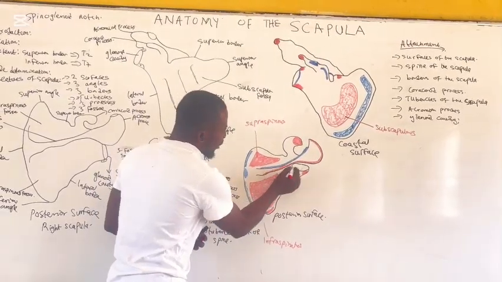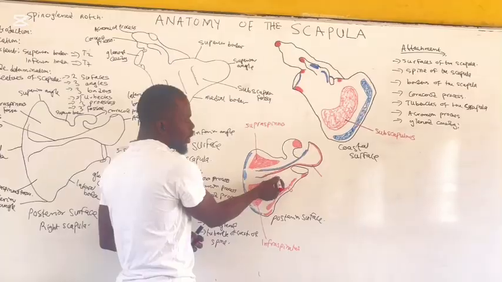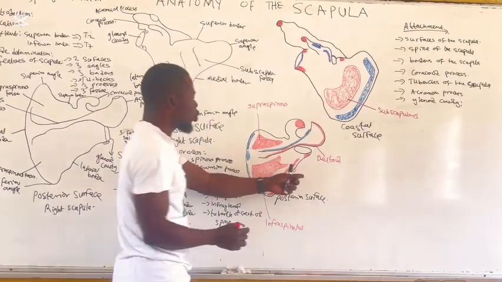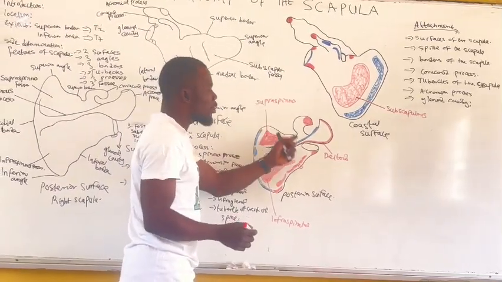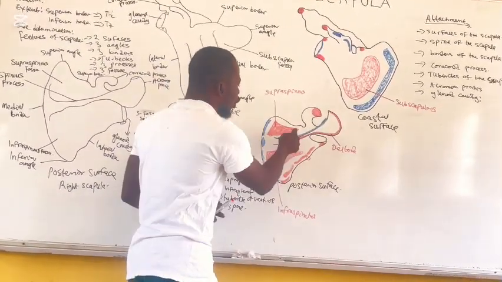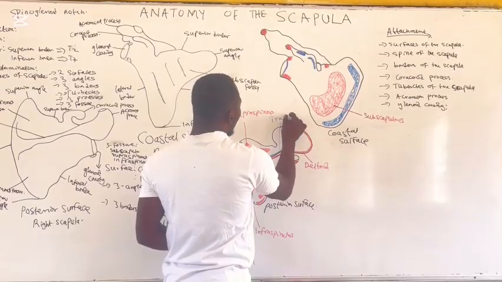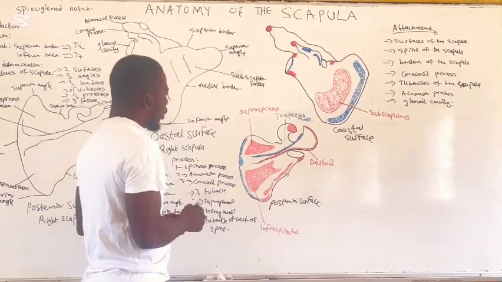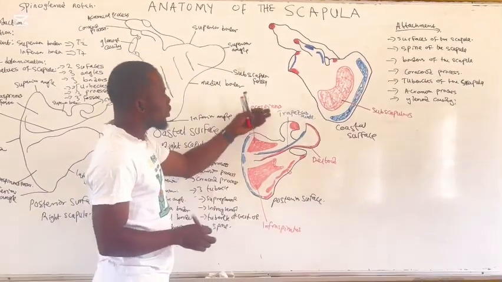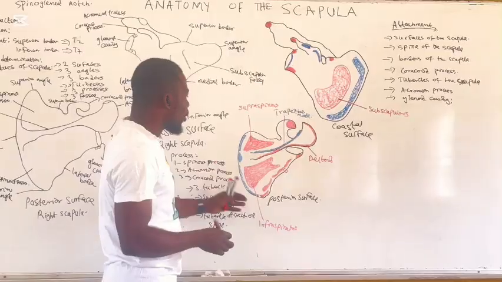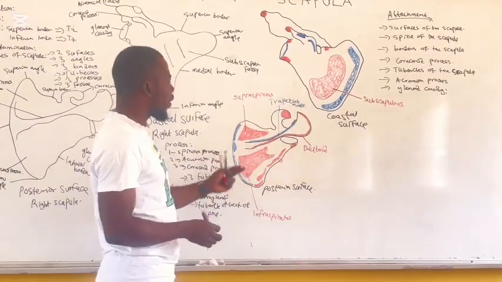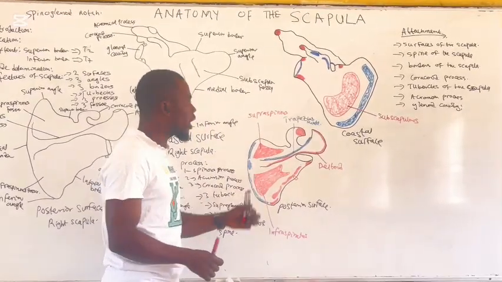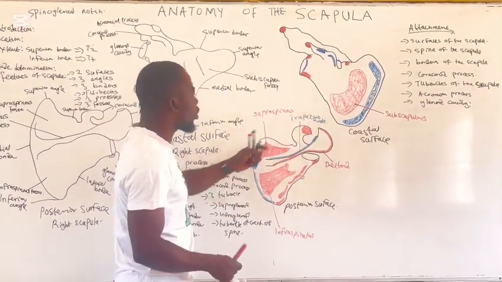So below here is the lower limb of the crest of the spine, which gives origin to the deltoid muscle, and above it, the upper limb of the crest of the spine, gives insertion to the trapezius muscle. These are the attachments on the spine of the scapula. The lower limb gives origin to the deltoid, whereas the upper limb gives insertion to the trapezius muscle.